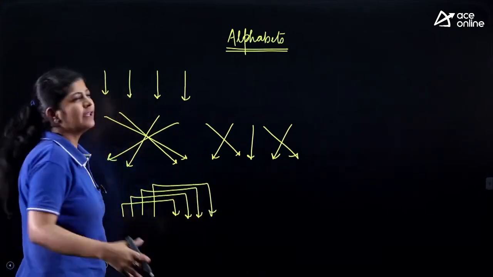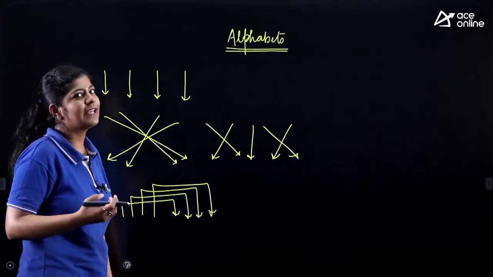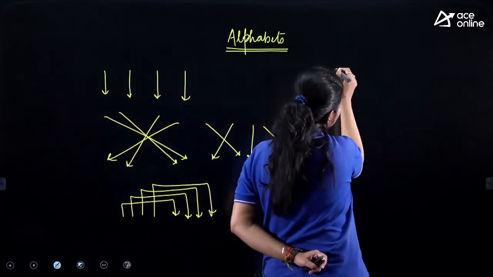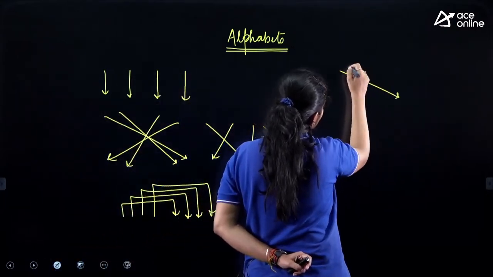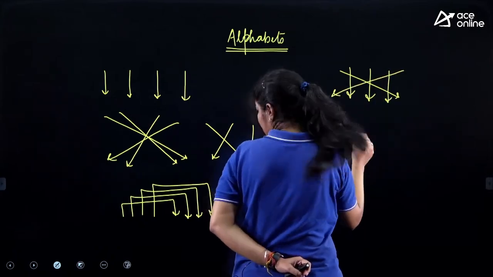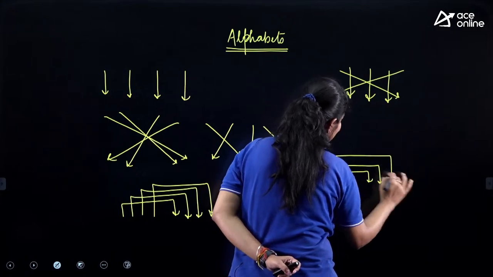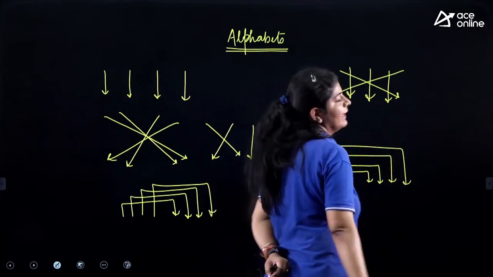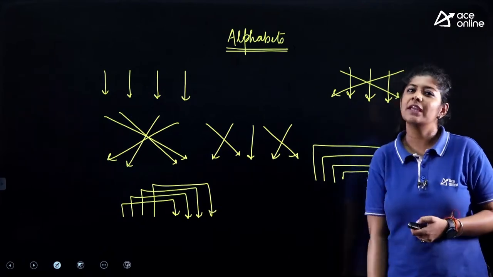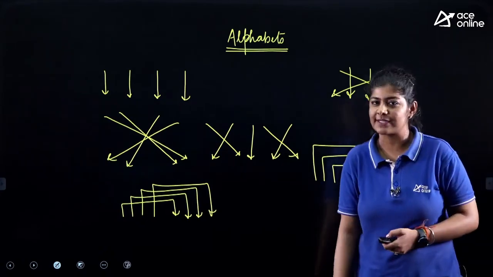But if we know the associated numbers, it is quite easy to identify the pattern and solve it. There are some common patterns which I have made on the board, but apart from these, there are several patterns which we can understand with the help of a few examples which we are going to solve in today's class.